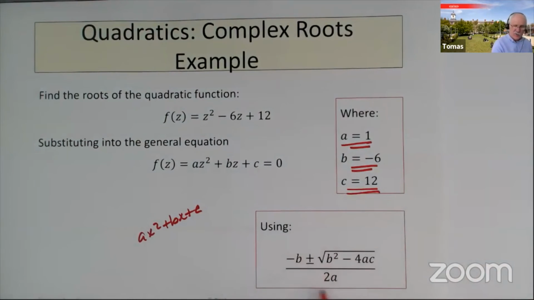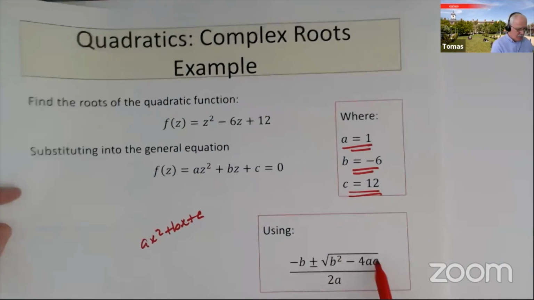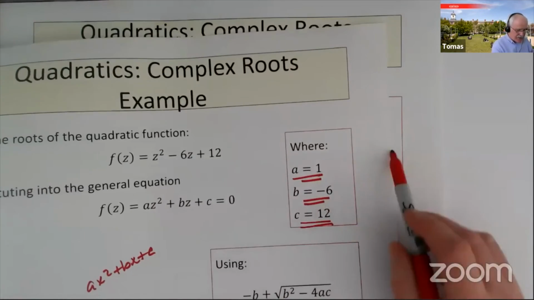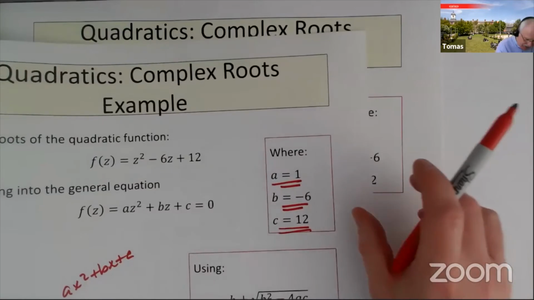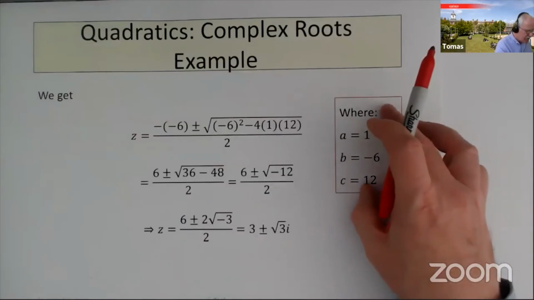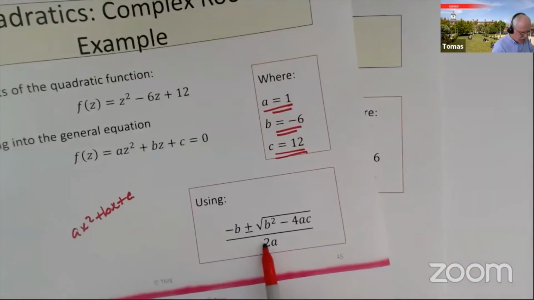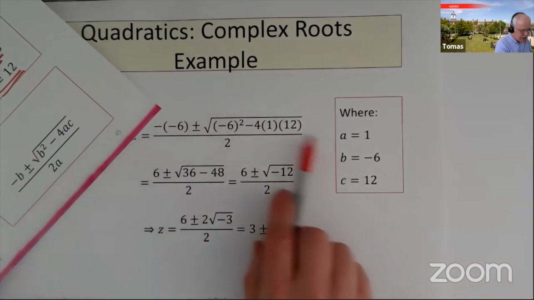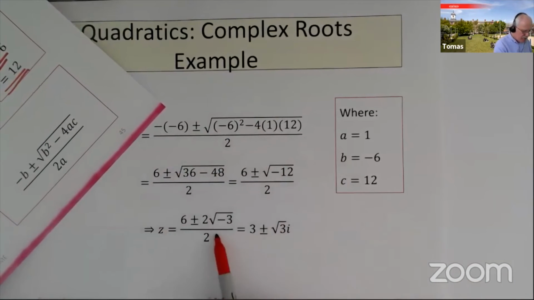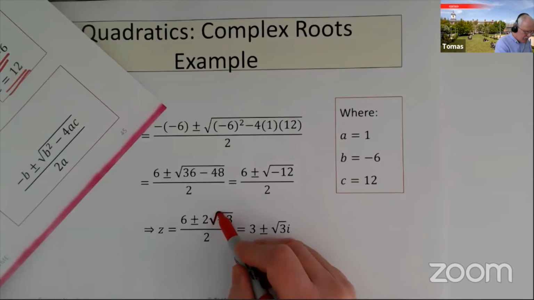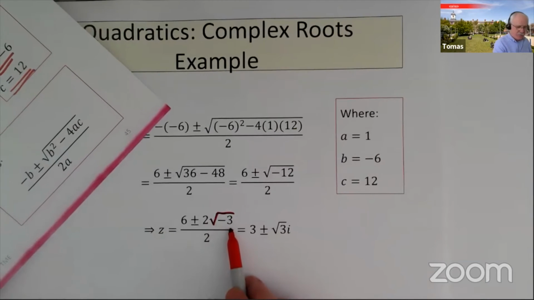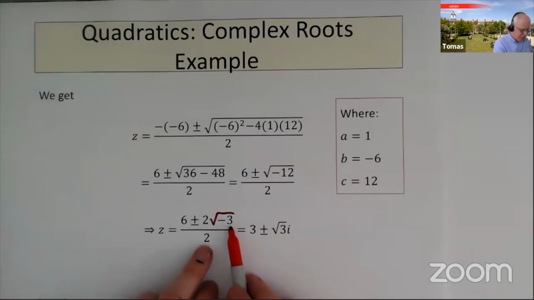And here is the formula. I now plug in my answers on the next page. I've copied these across. I'm in the zone. I've taken concentration. I'm writing them down. And I rewrite out the equation, minus b, and I start copying them in. But on this equation, I get the square root of minus 3. So that's tricky.